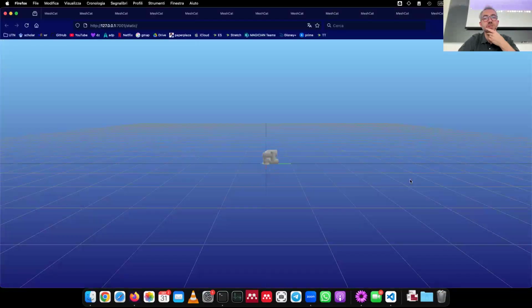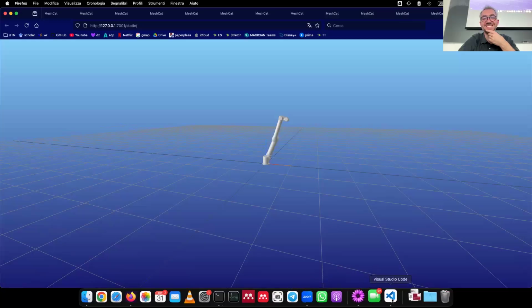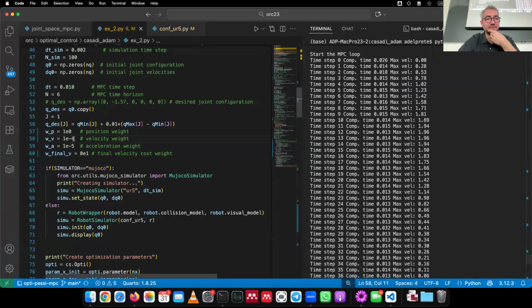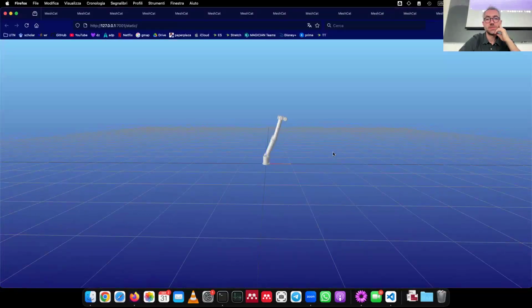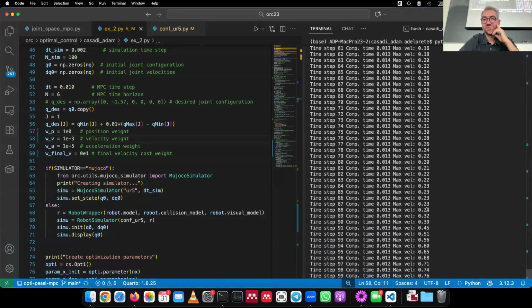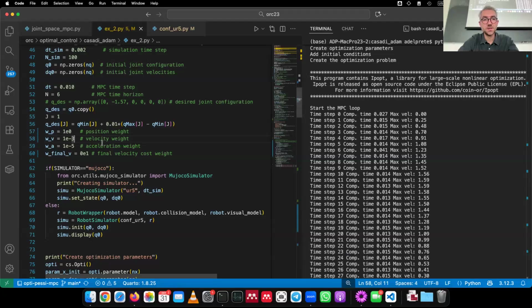I would tend to work with the velocities. Like experience. It's not enough. Let's try a bit more. 10 to the minus 3. Not enough. 10 to the minus 2.